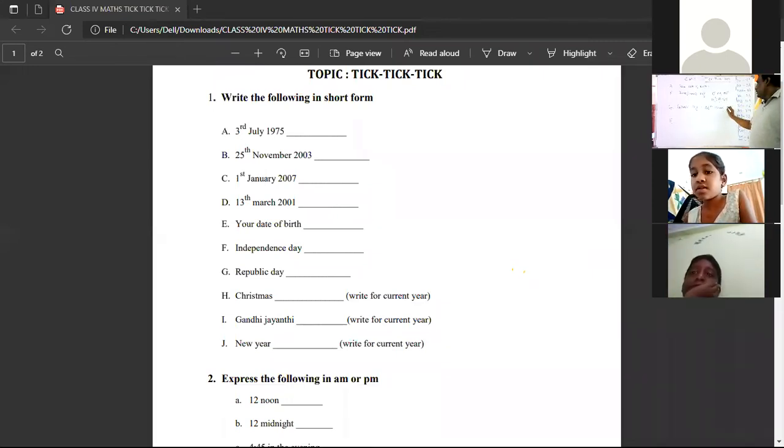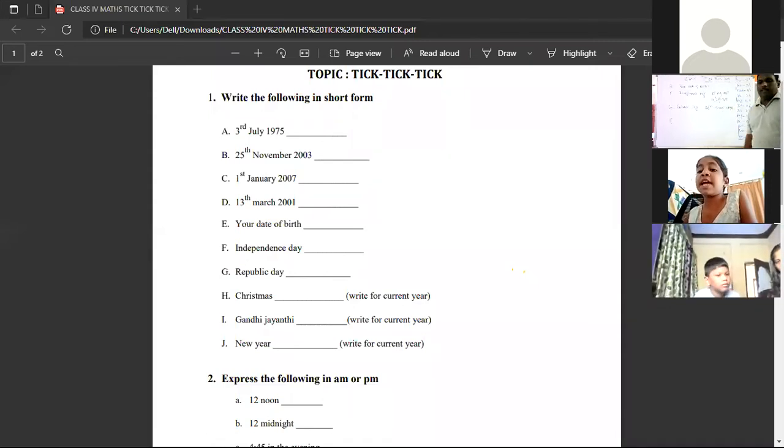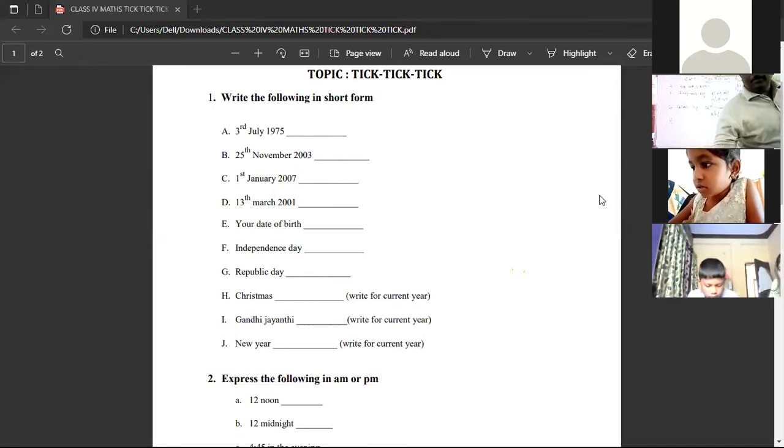No, 1947 is for Independence Day, not for Republic Day. The year is 1950. So 26 January 1950. Yes, done.